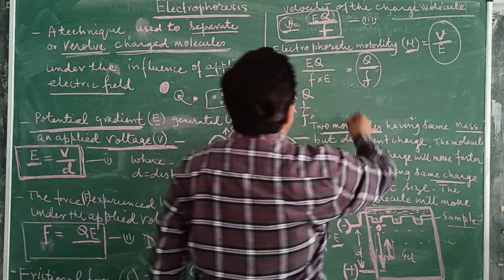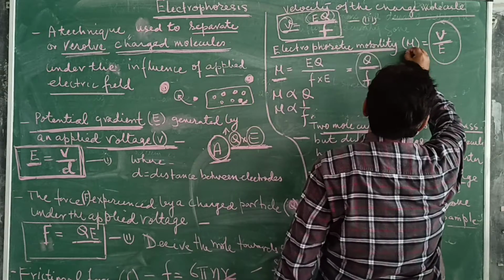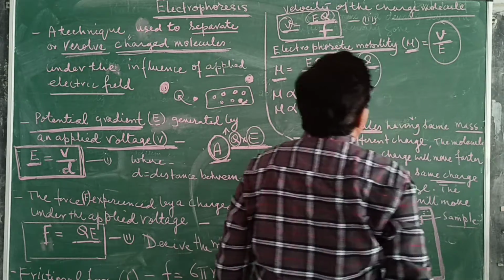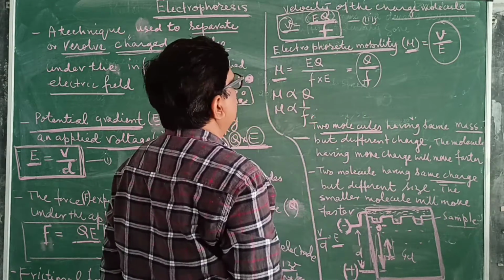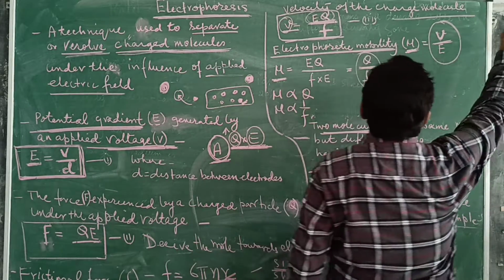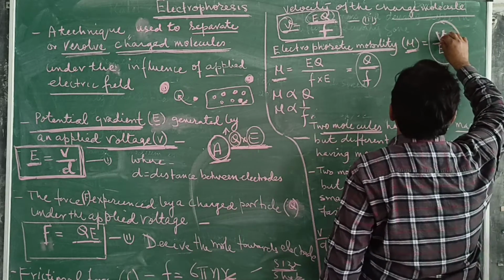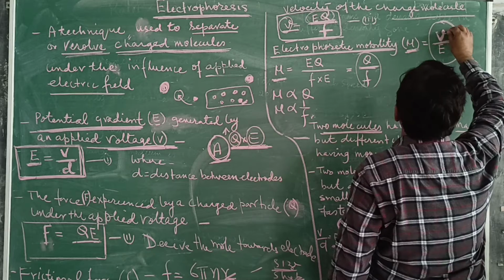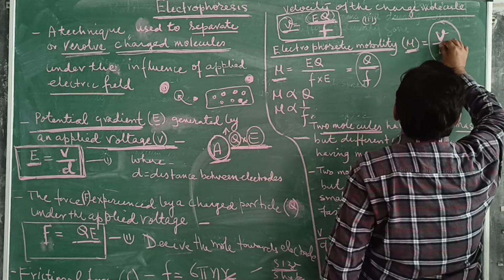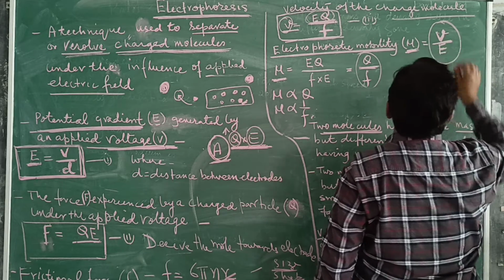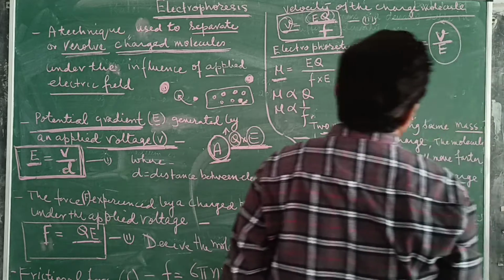Nowadays, electrophoretic mobility is more commonly used. Electrophoretic mobility, mu, is equal to velocity upon potential gradient.